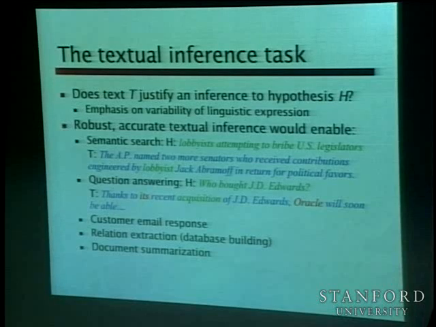The AP named 2 more senators who received contributions engineered by lobbyist Jack Abramov in return for political favors. Well, in terms of standard IR keyword overlap, it ain't a very good match. It has precisely 1 word in common with the search string, which is the word lobbyist. But it is obviously a good answer to that semantic search need. It's talking about the thing of relevance. So that gives us a text hypothesis pair. Can we determine it's a good answer?